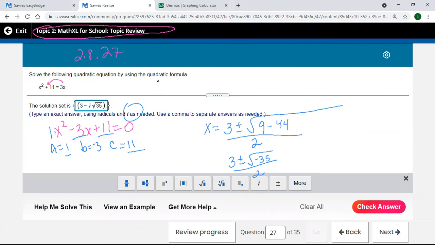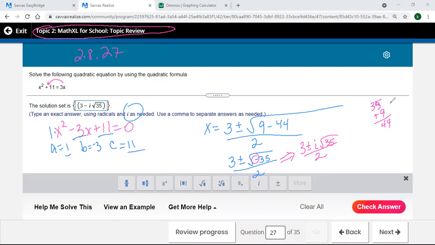I didn't say it here, but when you have a negative there, remember that the square root of a negative is going to come out as i times a square root. And 35 is just 5 times 7, so that doesn't simplify. 35 plus that 9 was 44, right?